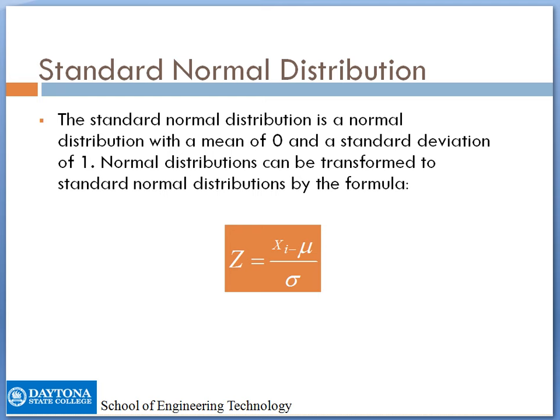When we have this type of distribution, it can be transformed to a standard normal distribution by the z-score formula. The z-score is equal to the observed value minus the mean, or the average, divided by the standard deviation.